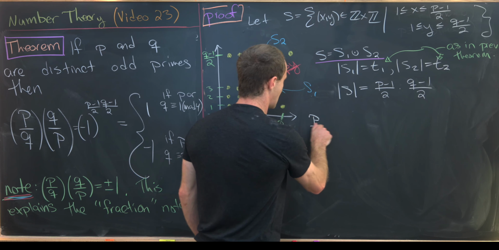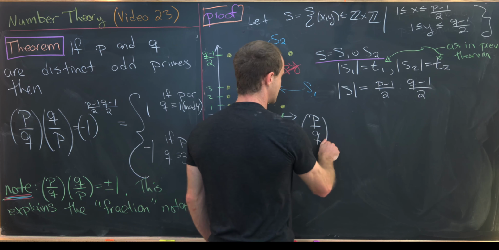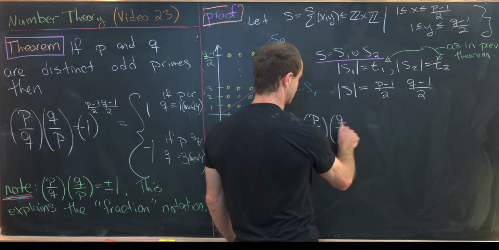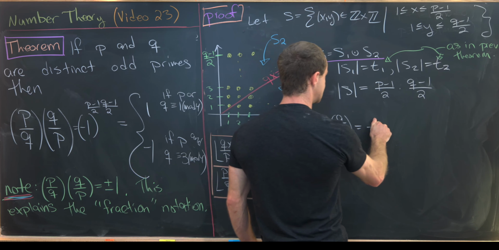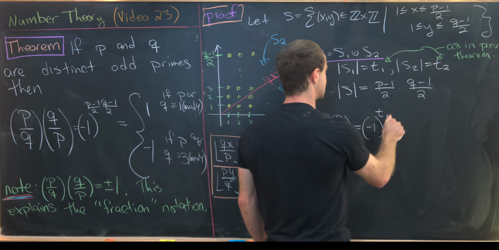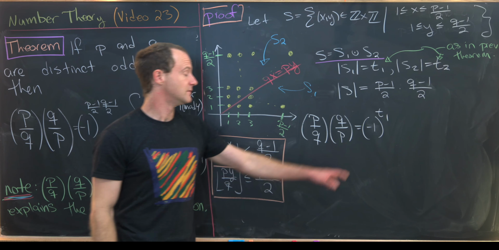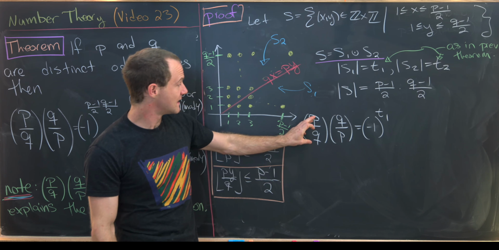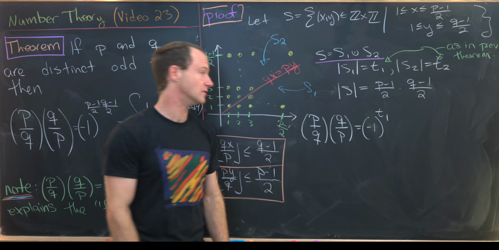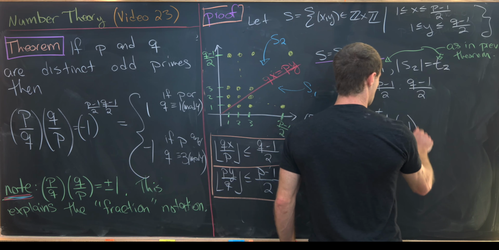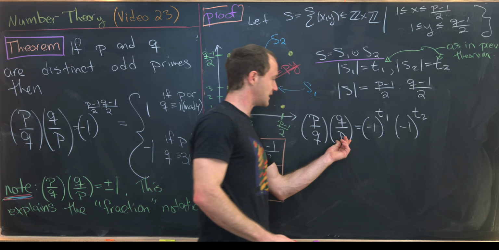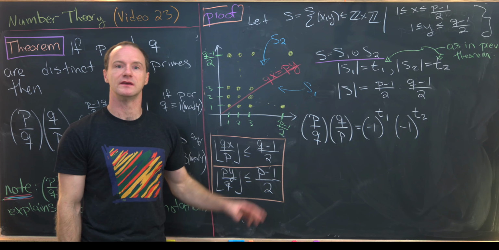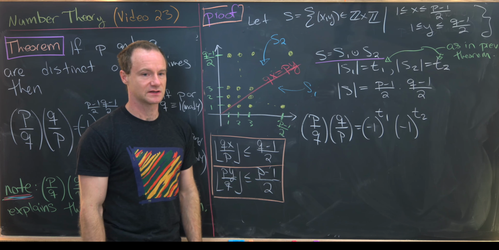So now we've got our Legendre symbol (p/q) times our Legendre symbol (q/p) is equal to (-1)^T1, because that's how T1 was defined in the previous theorem, that will be this (p/q). And then (-1)^T2, and that'll be this Legendre symbol (q/p), again by that previous theorem.